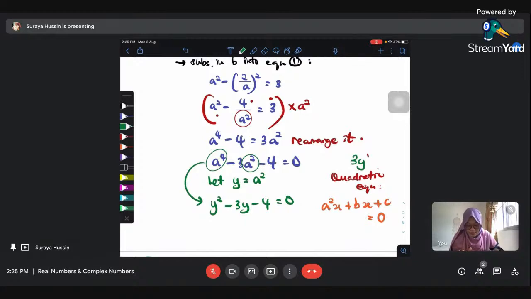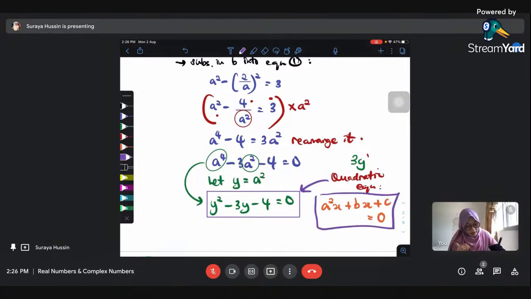So bila dah macam ni, bila dah dalam kedudukan begini, barulah saya dengan happy-nya nampak, oh, this is quadratic. So when this is a quadratic, I am very happy. I should put here a happy face. Because when I got a quadratic, I can factorize it happily.